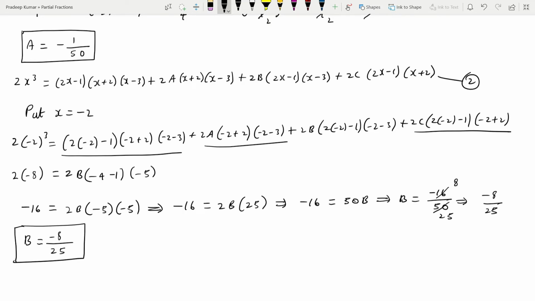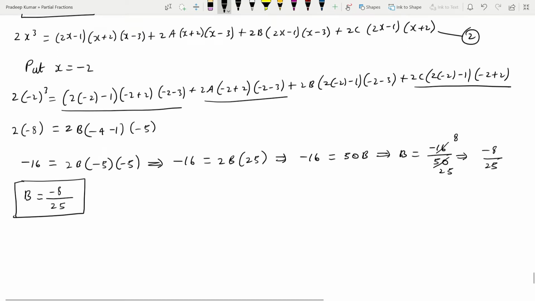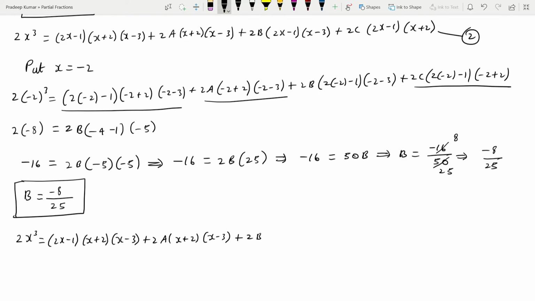And now we'll substitute in equation number 2 the values where we'll get even the c value. For that, first I'll write equation number 2 again: 2x power 3 equal to 2x minus 1, x plus 2, x minus 3 plus 2a, x plus 2, x minus 3, plus 2b, 2x minus 1, x minus 3, plus 2c, 2x minus 1, x plus 2.